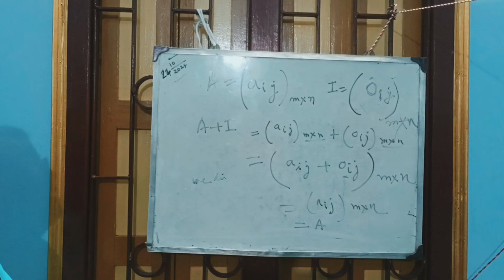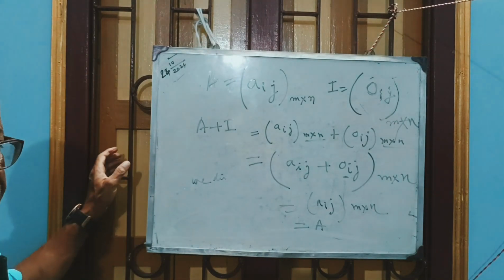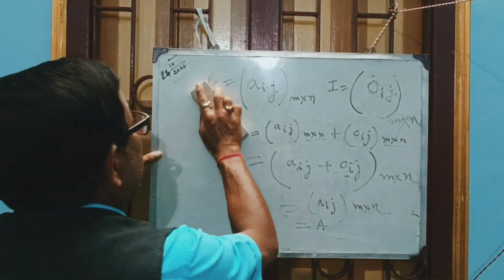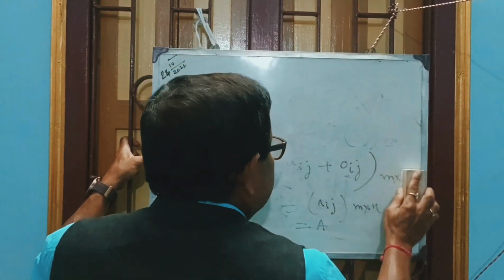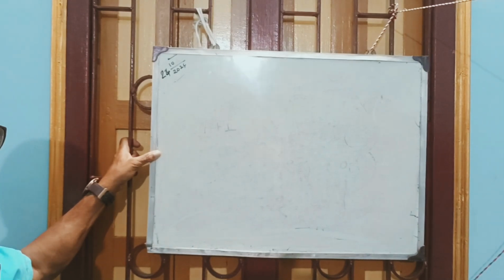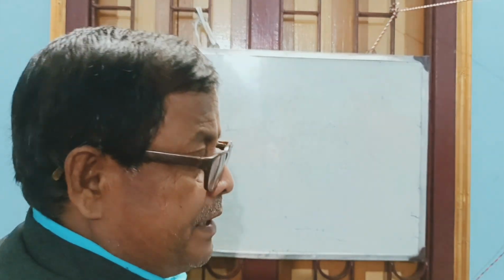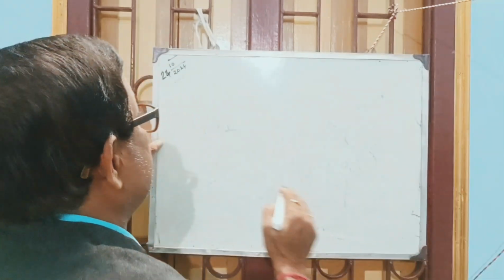A system of linear equations can be solved with the matrix method. We will discuss the properties of inverse, how to find the inverse of a matrix, and transpose of a matrix.